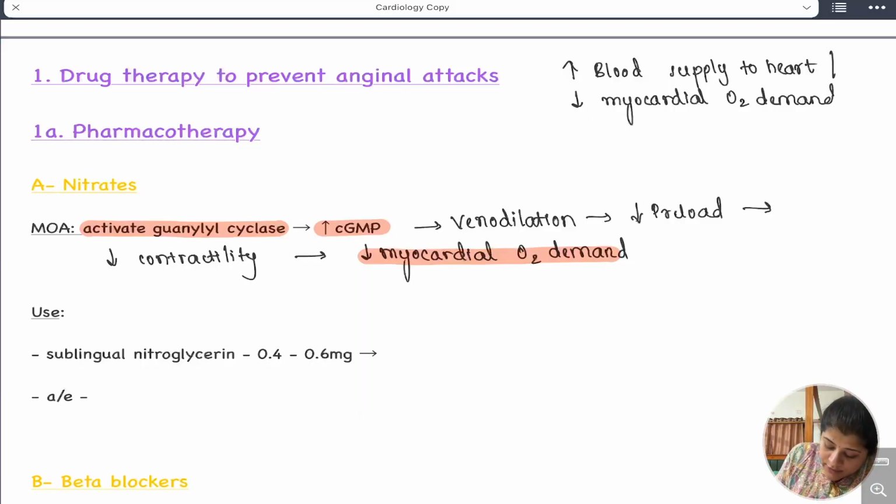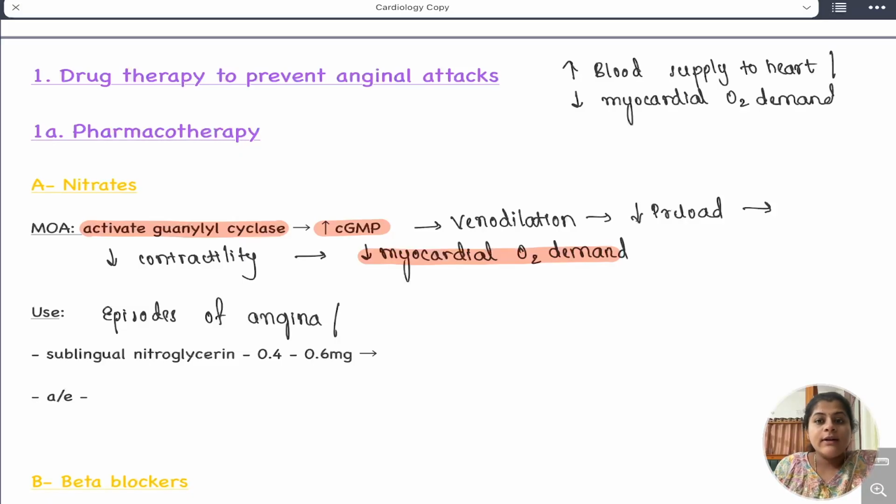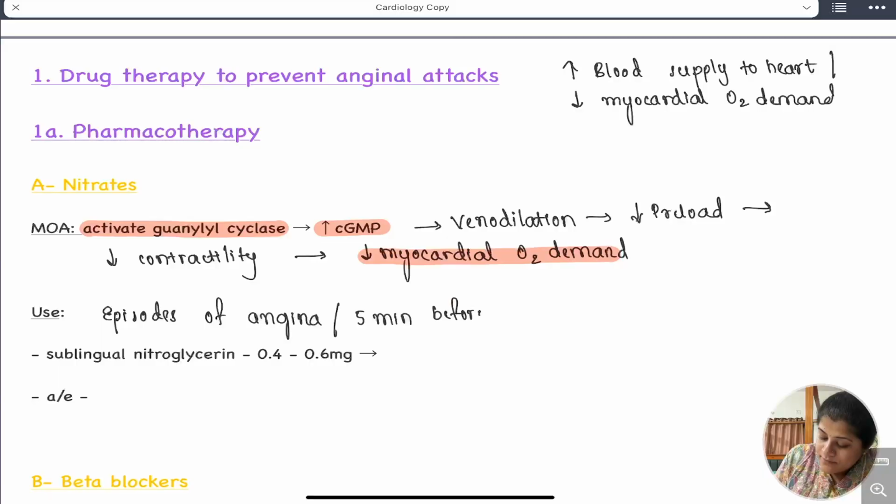You give them during episodes of angina, or, as I told you, with the help of the treadmill test you can identify the activities that might trigger angina, and give this 5 minutes before such activity.